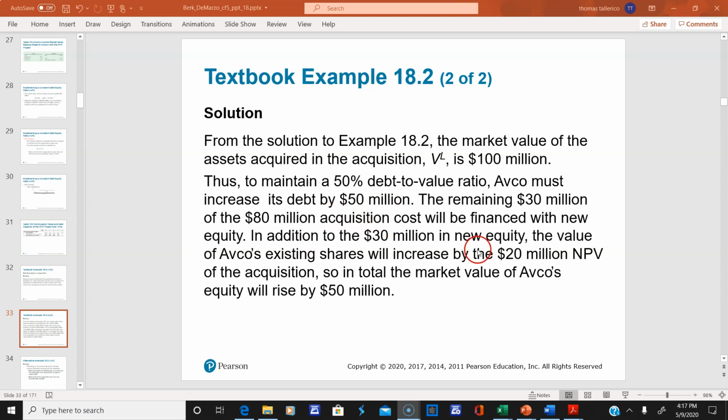In addition to the 30 million in new equity, the value of Avco's existing shares will increase by the 20 million net present value, right? 100 million minus 80 million is the 20 million. So in total, the market value of Avco's equity is going to go up by $50 million. Hope everyone's clear on that.